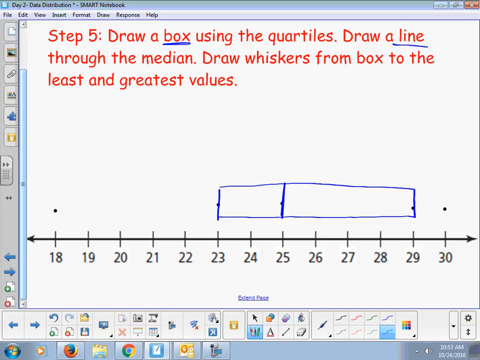My median was 25, so I draw a line through there. And then I'm drawing my whiskers from the box to the least and greatest value. So my Q1 connects to my min, and my Q3 connects to my max. And that is my box and whisker plot.